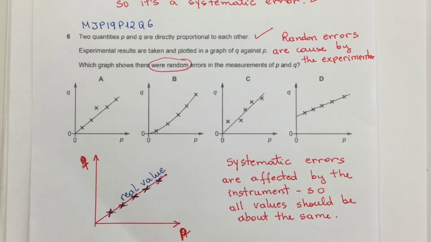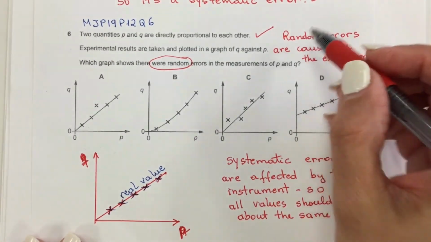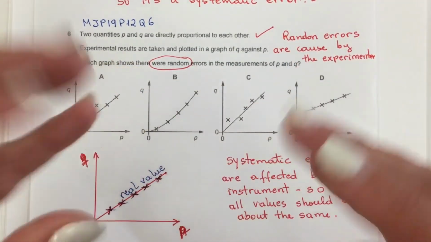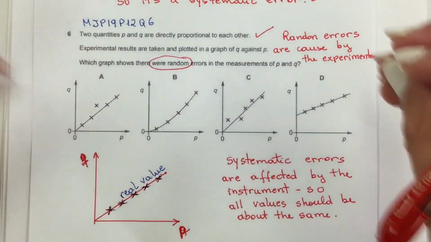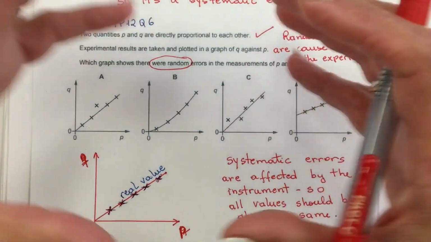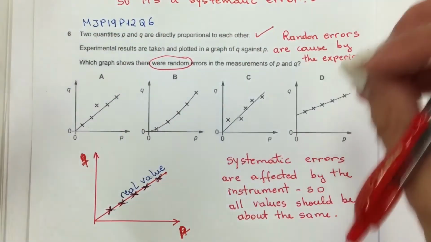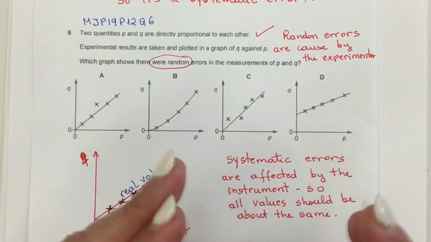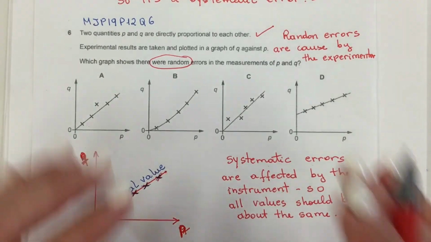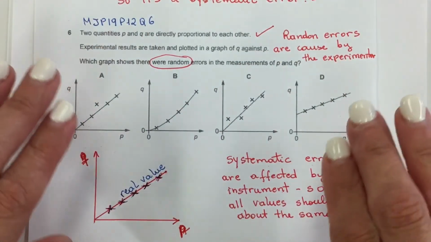Not reading at eye level causes parallax errors. So random errors, like the name suggests, are values kind of out of place. They are kind of close, but a little bit off, not like systematic. Systematic errors are usually together, and random ones are a little bit displaced.